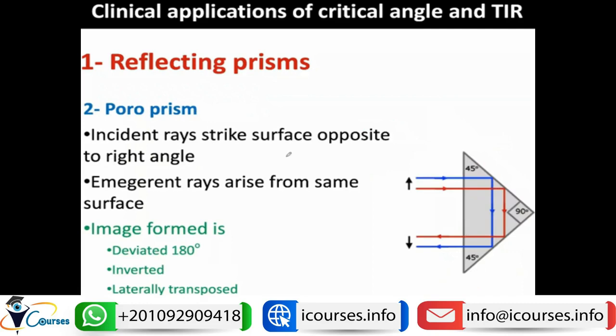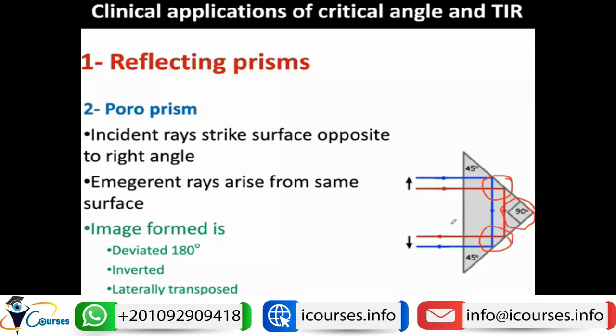What about the other prism, which is called the porro prism? In the porro prism, the light rays will strike the surface opposite to the right angle. When the light rays strike the surface opposite the 90 degrees, they will undergo total internal reflection, then another total internal reflection, then emerge from the same side. So it will enter the surface opposite to the 90 degrees, and it will emerge from the same surface.